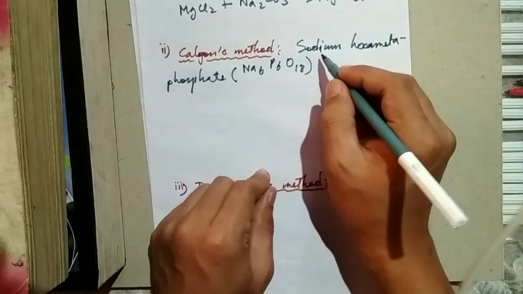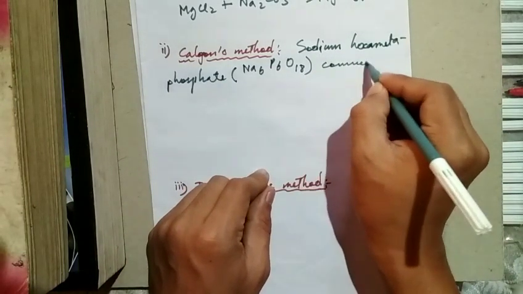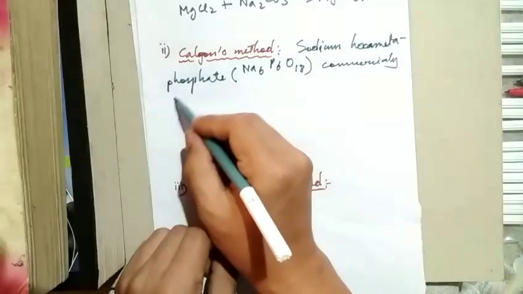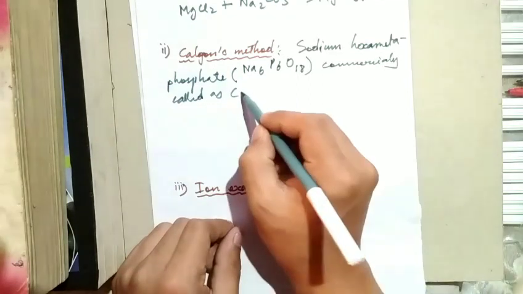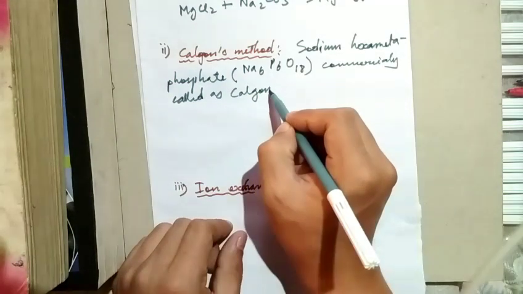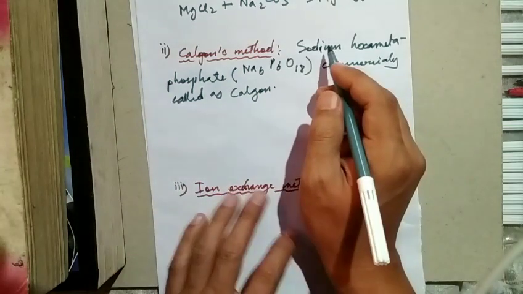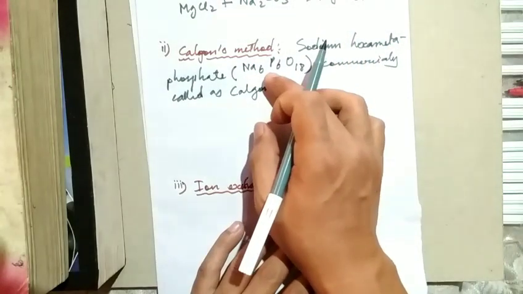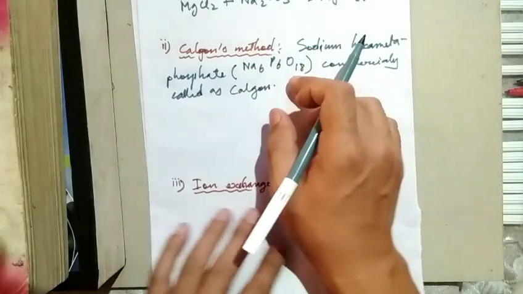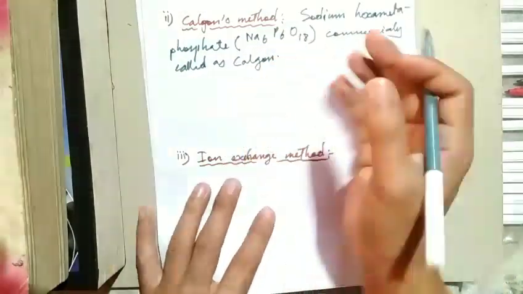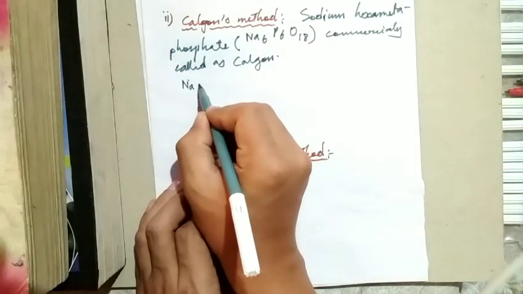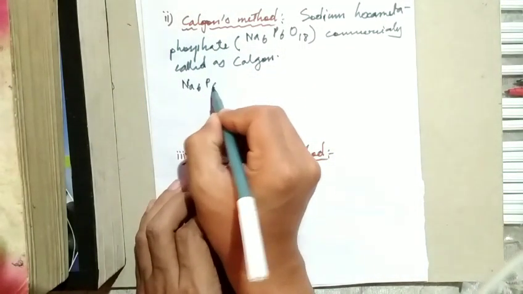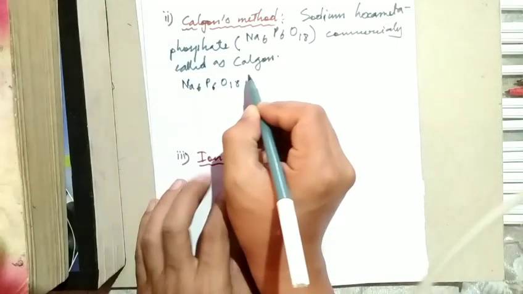This is commercially called Calgon. So this Calgon is added to water, and we will see some precipitate formation. Let's see. Na6P6O18.